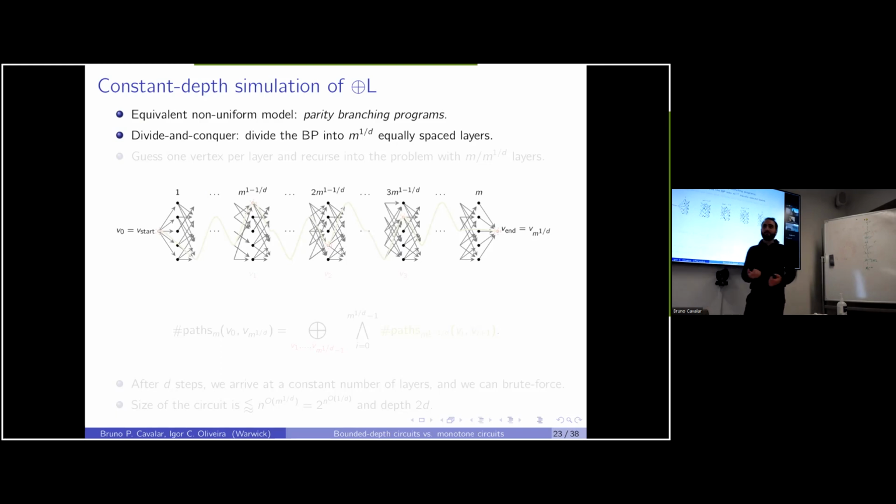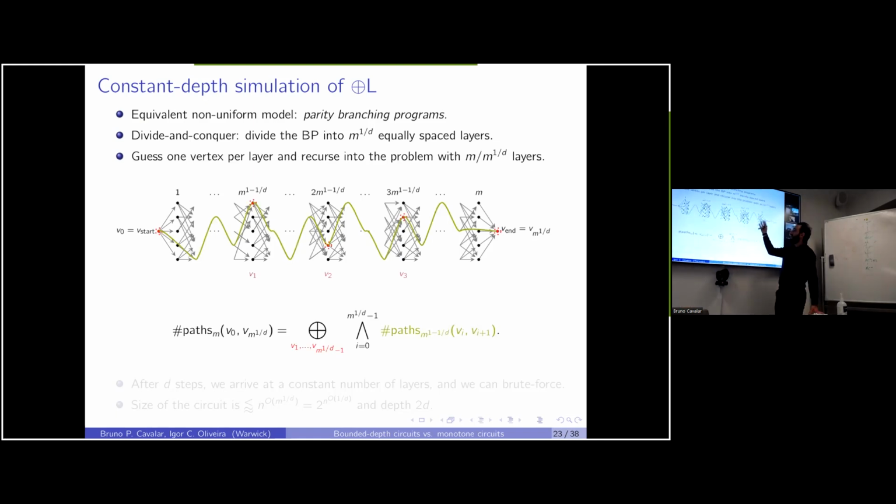So how do you simulate such a model with AC0 parity circuits? Let's say you want to get a depth D circuit, where D is a constant, and M is the number of layers. You divide the branching program into M to the 1 over D equally spaced layers. And then you just guess one vertex per layer.